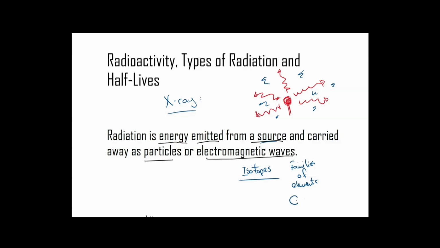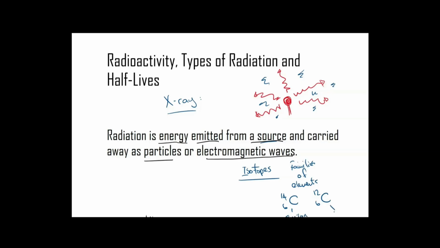So we could have carbon 14 or carbon 12. These are two different isotopes of carbon. All carbons have 6 protons. So why is this number different? This carbon 14 has 8 neutrons.